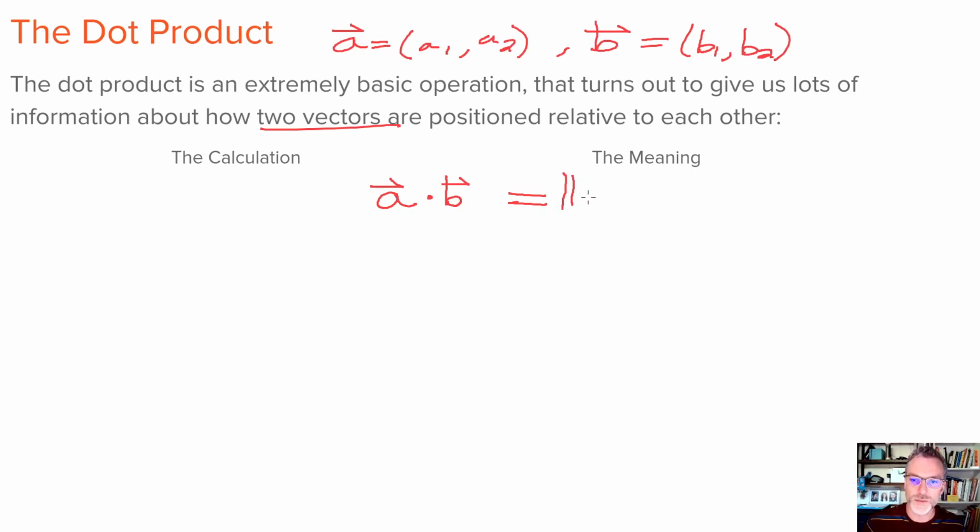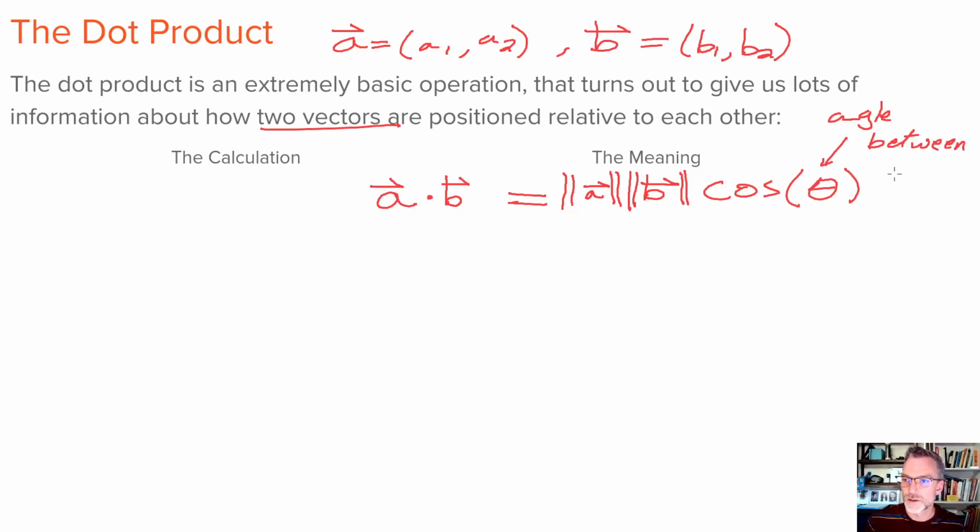It's the length of the A vector times the length of the B vector times the cosine of the angle between them. So this is the angle between them, A and B.